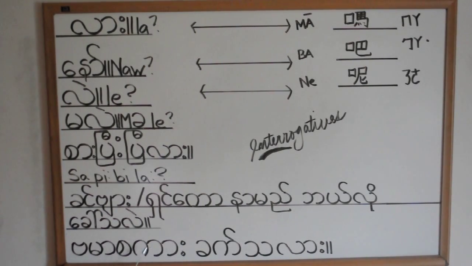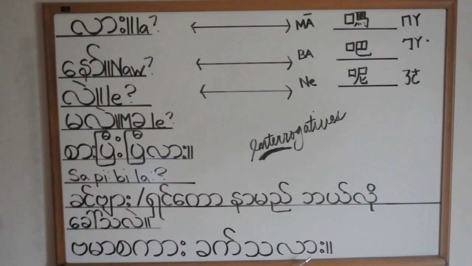The last example sentence is Bama saga cut the la. So, is the Burmese language difficult? Bama saga, that's the Burmese language. Cut, that's difficult. And then here's the question, the la.